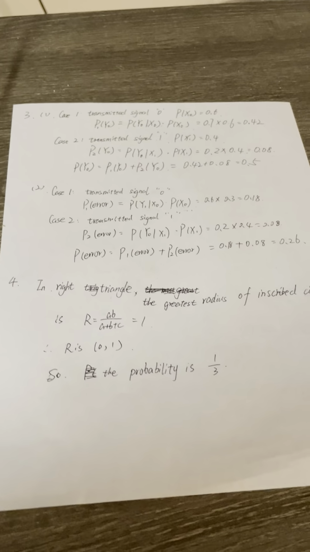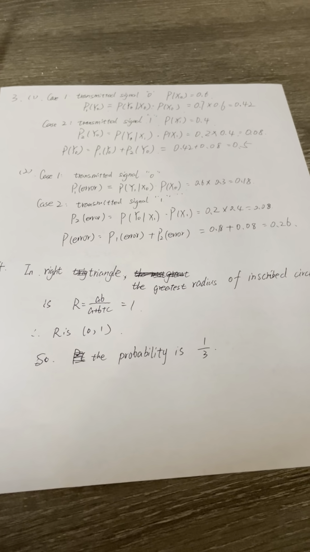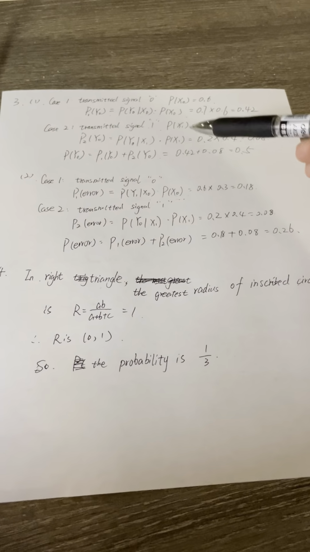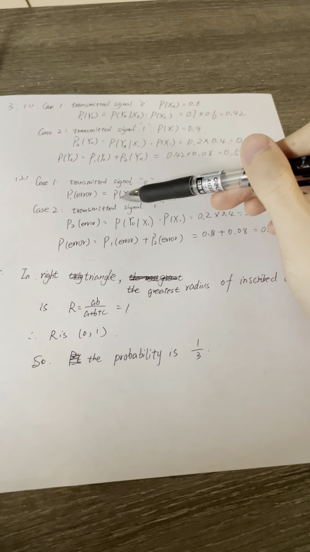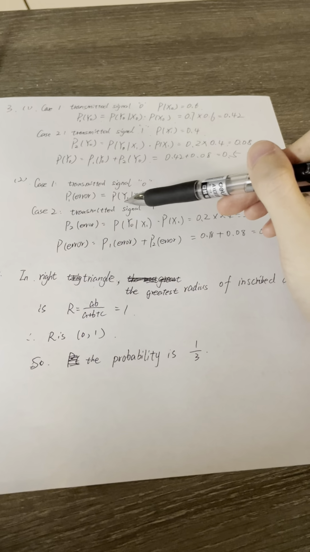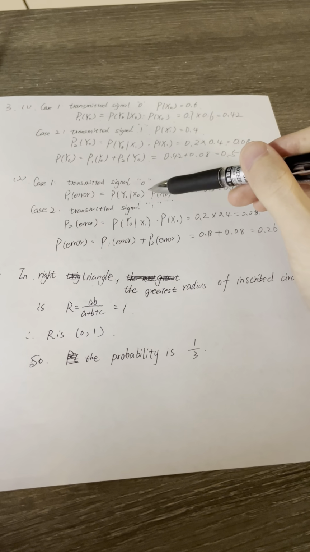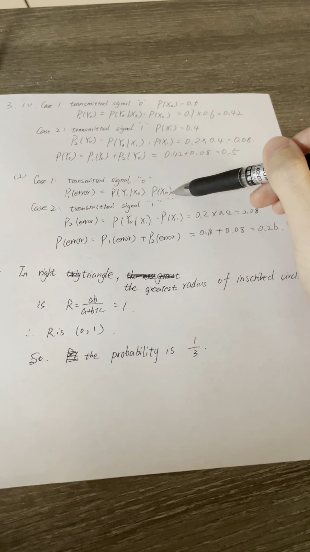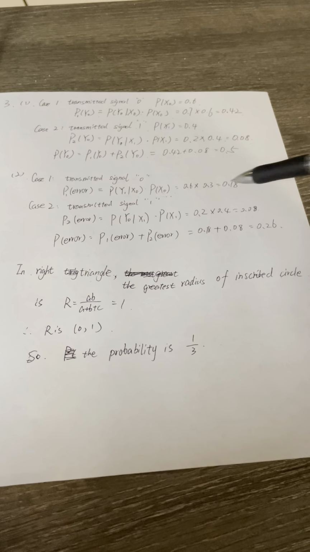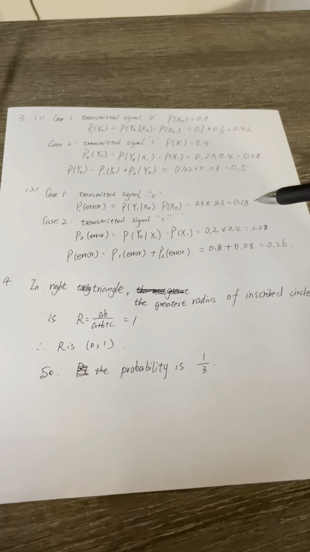So in case 1, the probability of error is the probability we transmit 0 but we get 1, times the probability we transmit 0. So the value is 0.18.